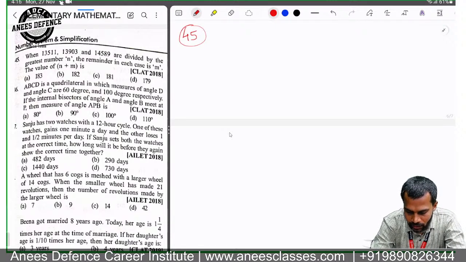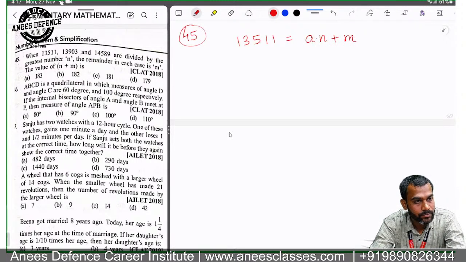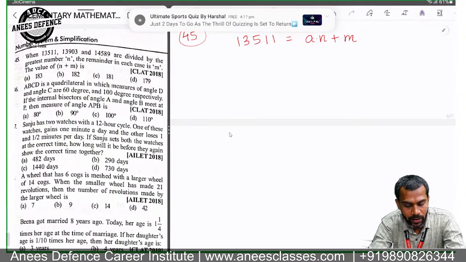So can I write 13511 is equal to an plus m. Remainder is m, right? Yes or no? And we need to just divide it by n.